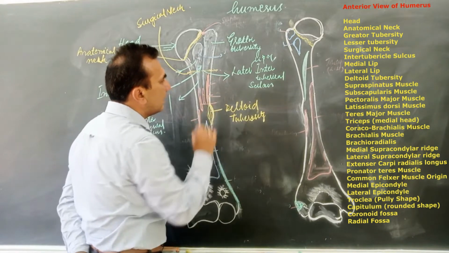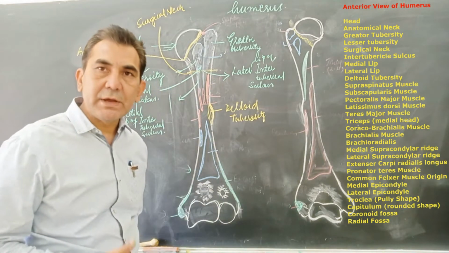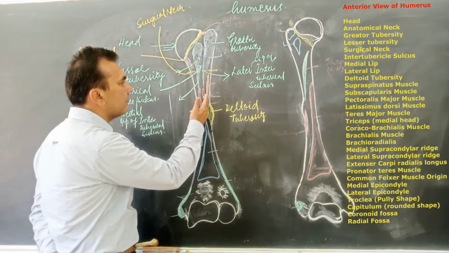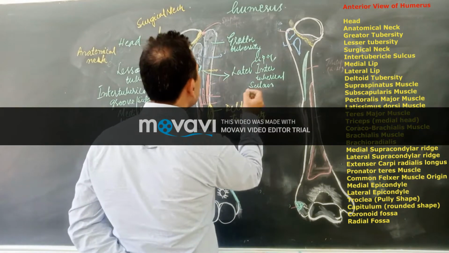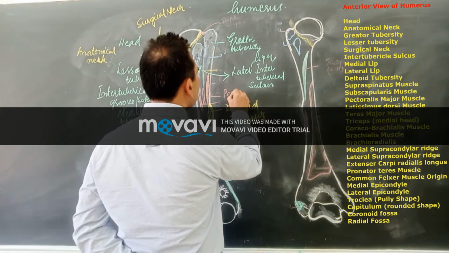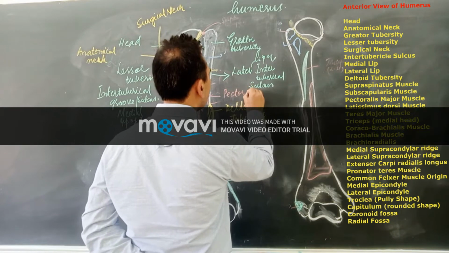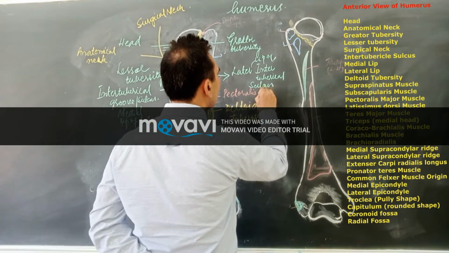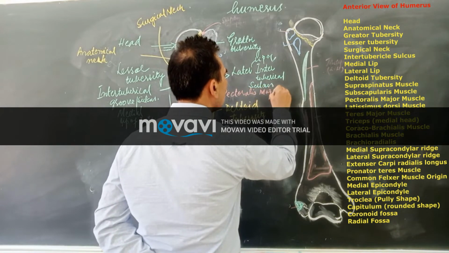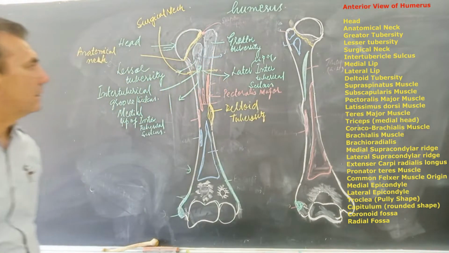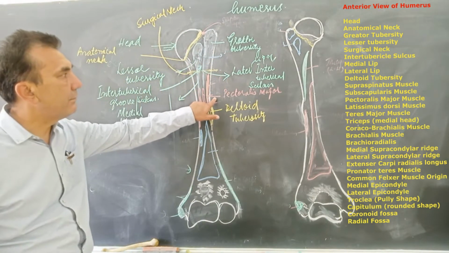is an articular facet. This is the articular facet for the pectoralis major muscle.